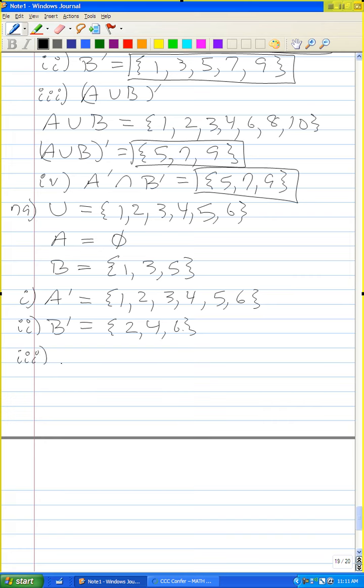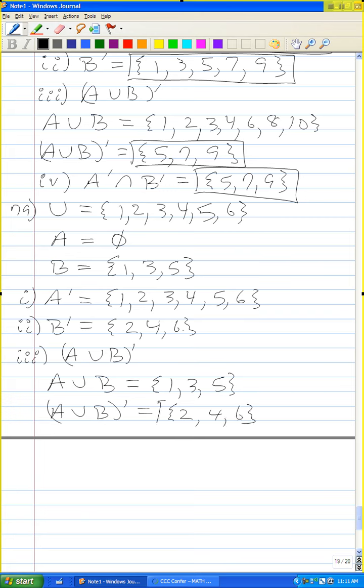3. A union B, complement. So A union B, well, A is the empty set, so it's just B. 1, 3, 5. And so what is not in B? Well, that's got to be the same. So 2, 4, and 6. 4.